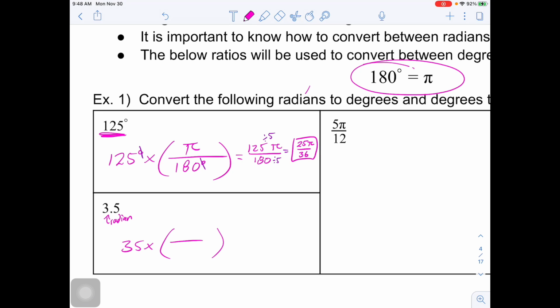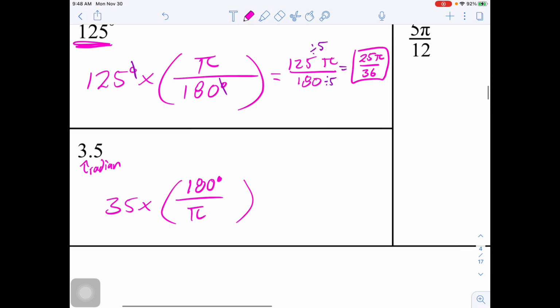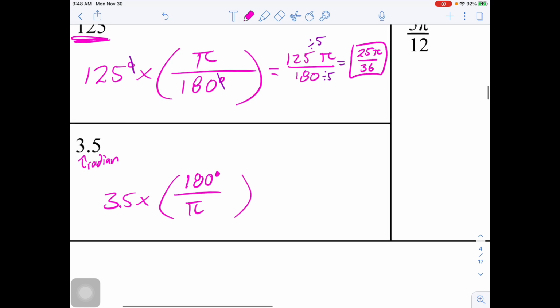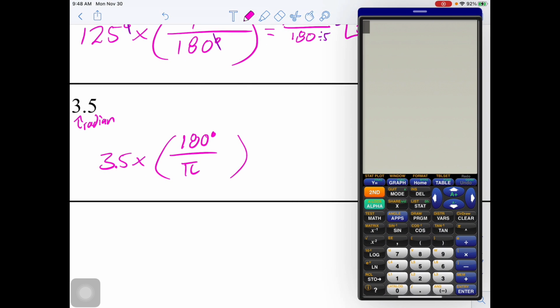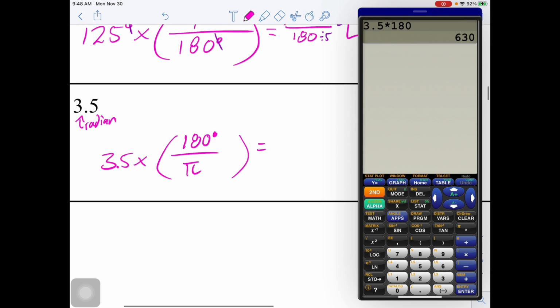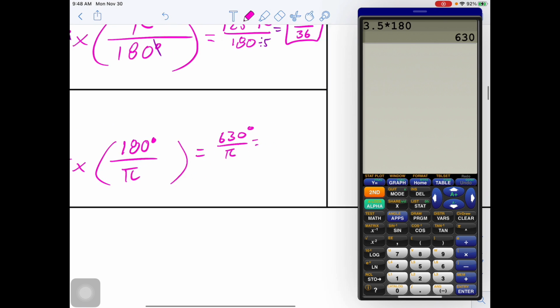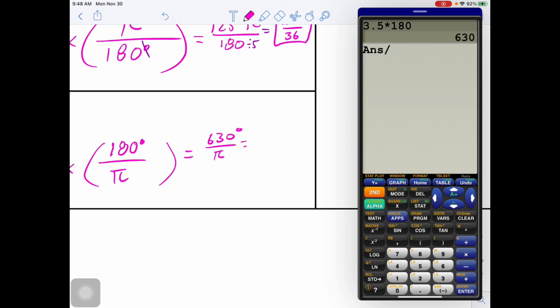So I'm going to put my degrees on the top, and I can check that because I want my radians to cancel out, so my radians will be on the bottom. And then from there we will end up solving. So this will be 3.5 times 180, and then we're going to get 630 degrees over pi, and let's just divide that by pi and round it.